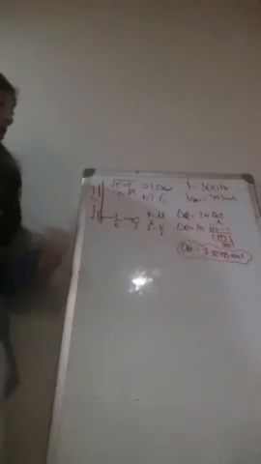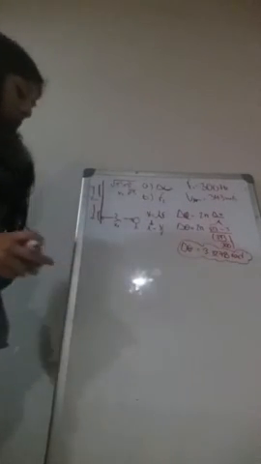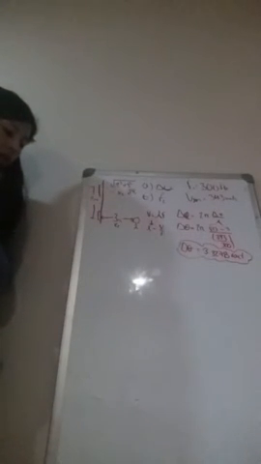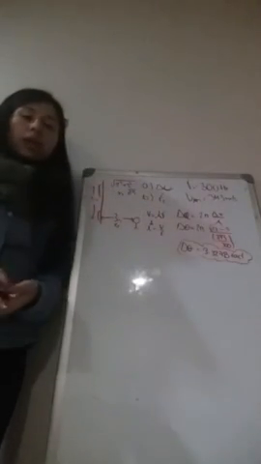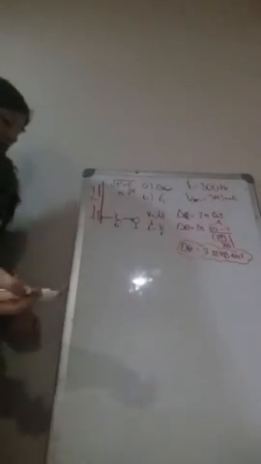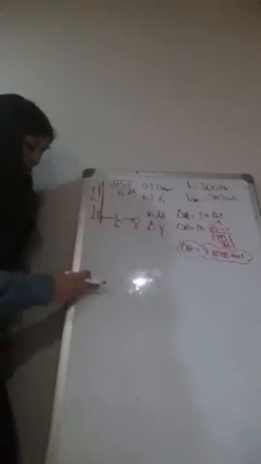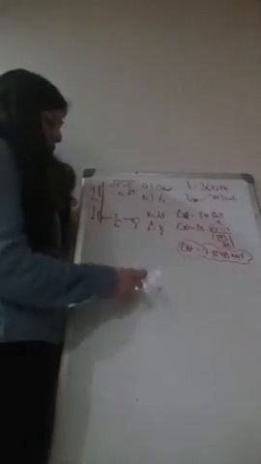And in B, we need to find the frequency. So this wave is not constructive, it's a destructive wave, so we have to make it constructive. So we need to find the frequency when it reaches the minimum sound.